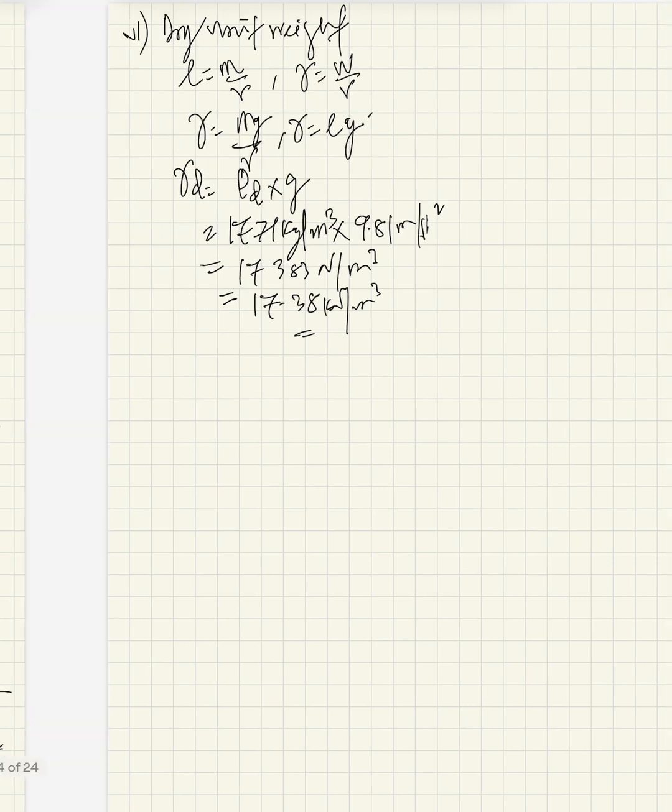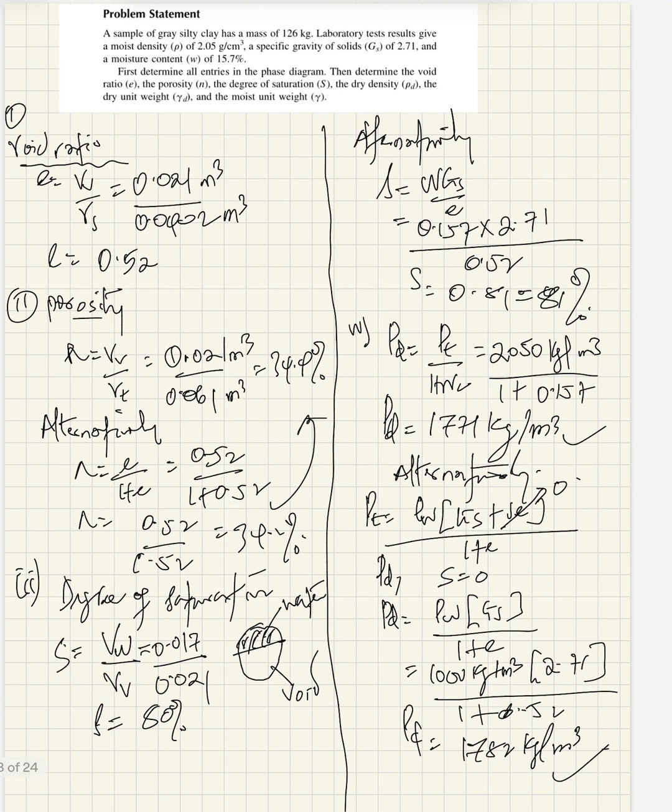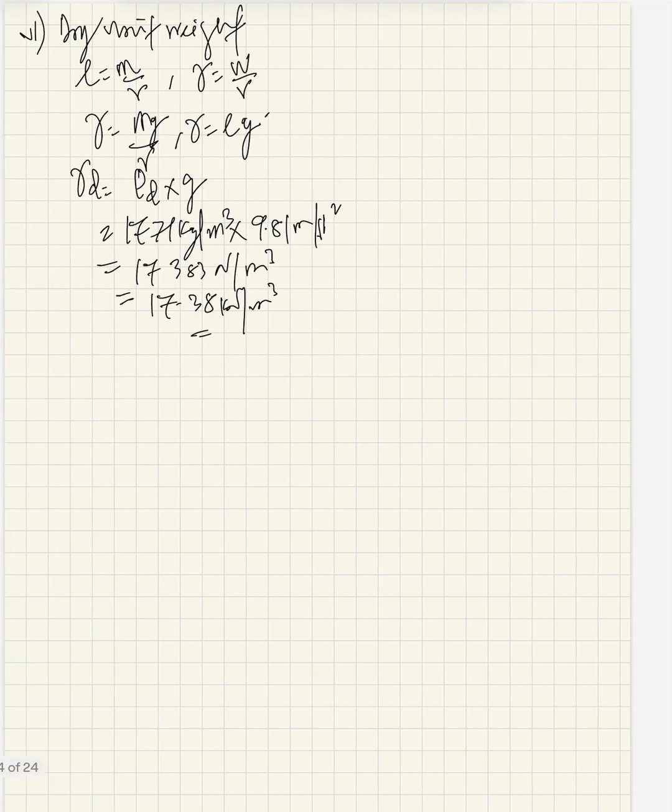And the last question says we should obtain the moist unit weight. Moist unit weight is the total unit weight, which equals total density times acceleration due to gravity. And total density is what?